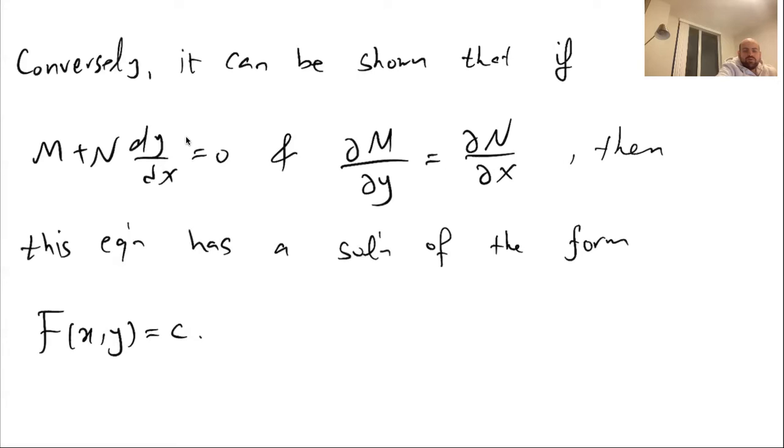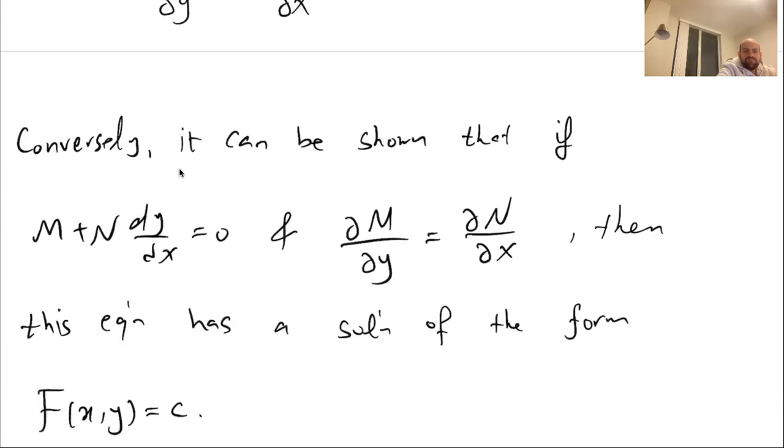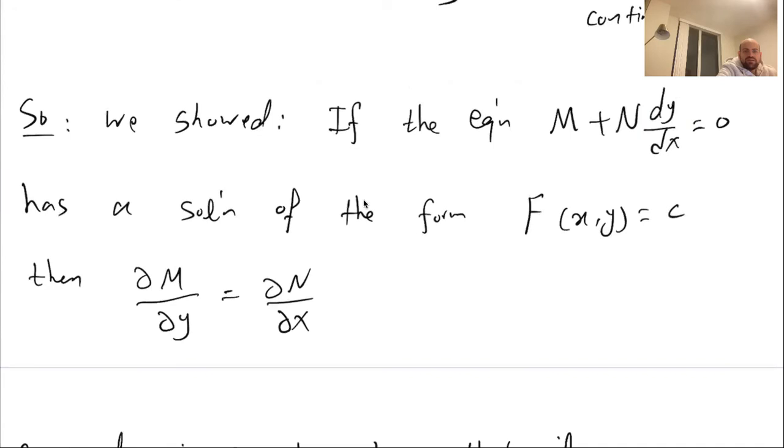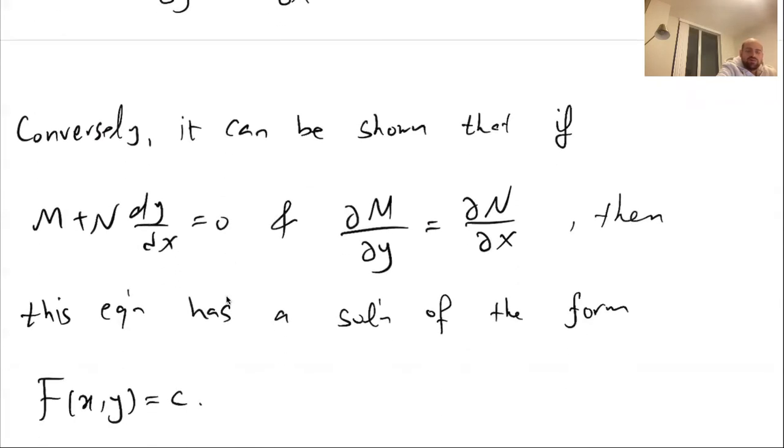So this works both ways. If this equation has a solution of this form, then this condition holds. So this is what we showed. But it can be shown that the converse is also true, meaning that if you have an equation of this form and this condition holds, then the equation has a solution of this form.